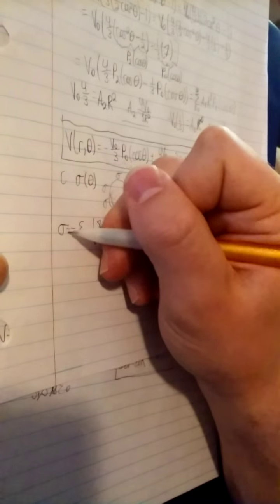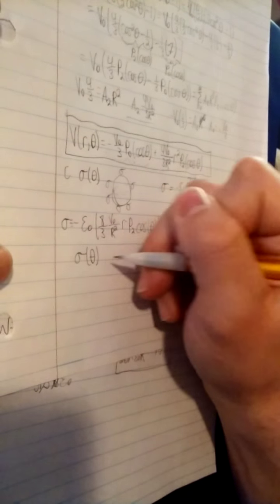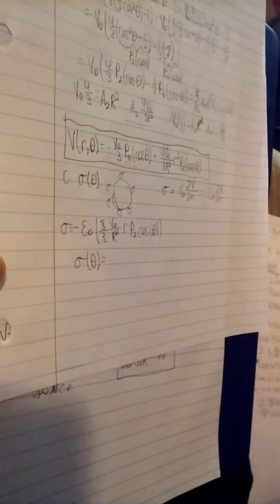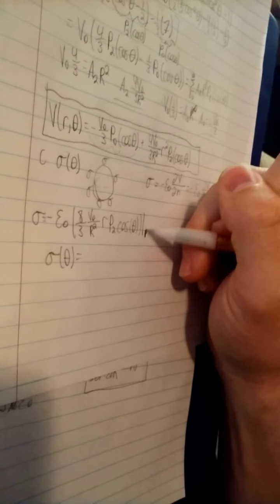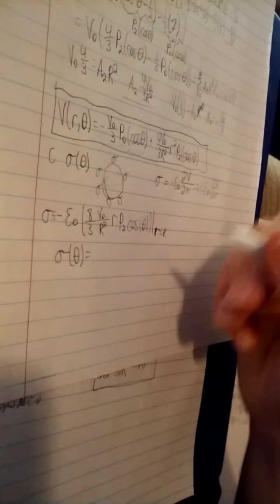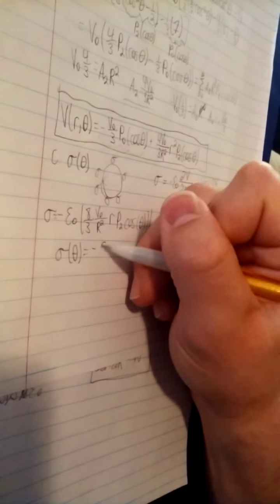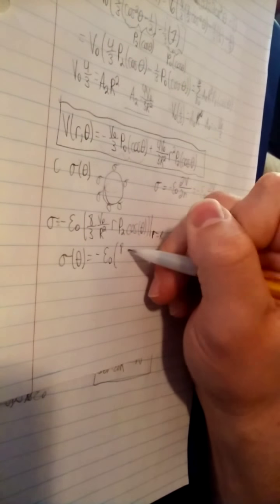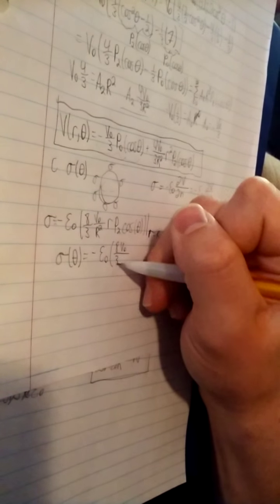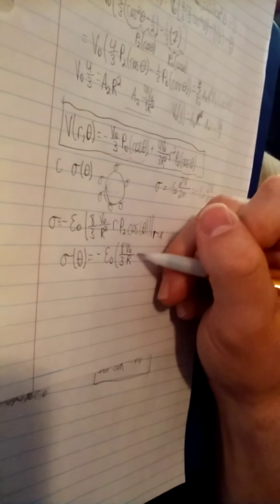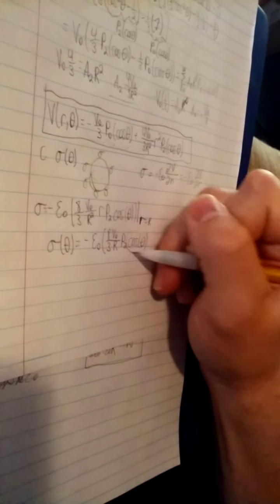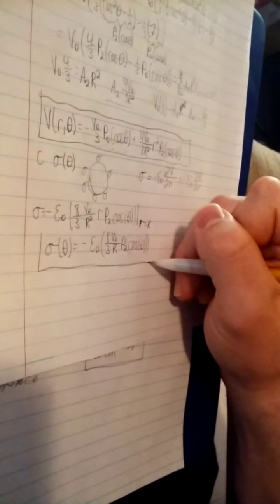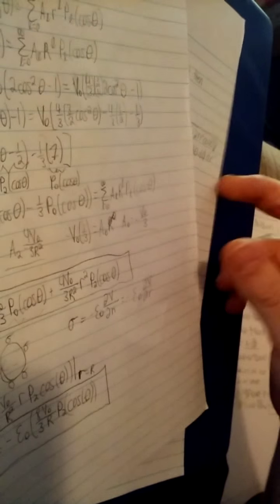So if we clean it up a little bit better, sigma of theta, oh, and we evaluate this at r equals R. So then sigma of theta equals negative epsilon naught times 8 v naught over 3 big R, and then the second Lagrange polynomial. And that is our sigma. That is our induced charge density. Okay.